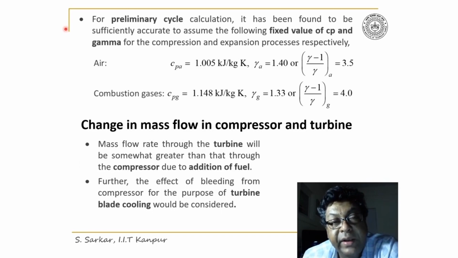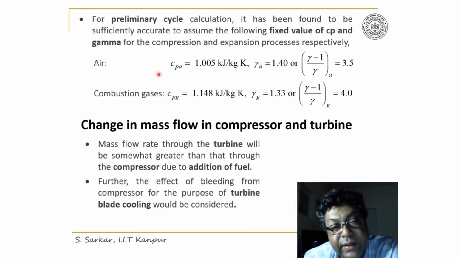For preliminary calculations, it is sufficiently accurate to assume the following Cp and gamma for the compression and expansion processes, such as on the air side we can consider Cp as 1.005 kilojoule per kg per K and gamma as 1.4. Thus the ratio (gamma minus 1) by gamma is equal to 3.5.